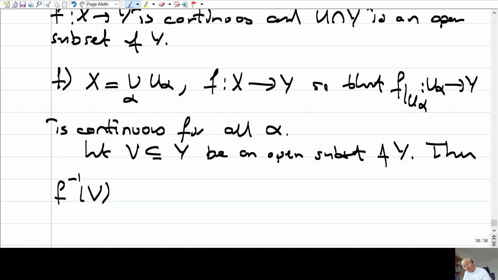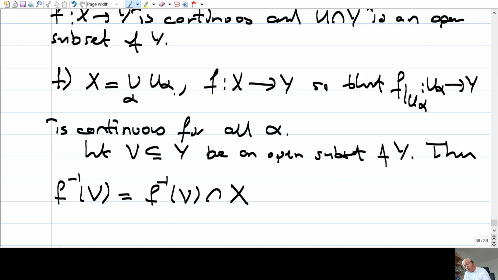Okay, well, this is a subset of x, right? And therefore this subset is f inverse of v intersection x, right?